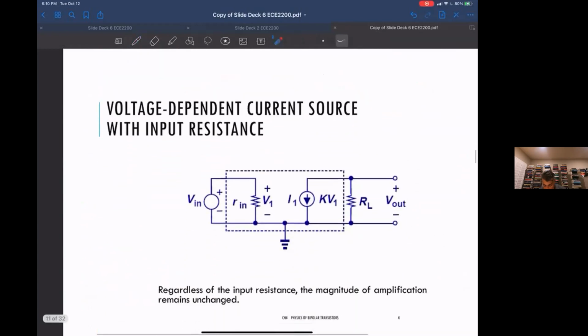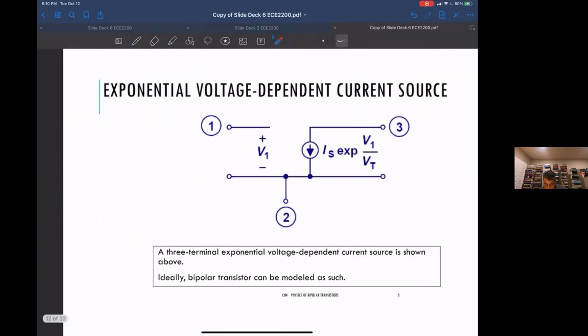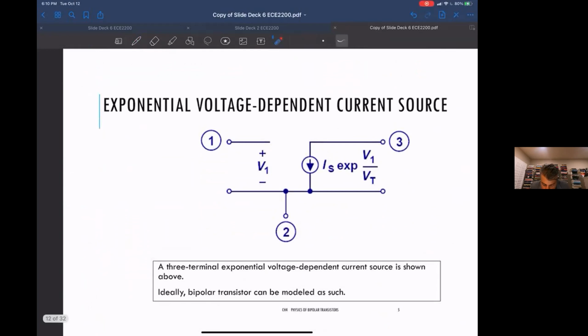Okay. If not, let's talk about what our transistor really looks like. So a bipolar transistor looks like a voltage controlled source. This is a bipolar transistor model, and we'll talk about what this bipolar transistor is and how you build it and how it works, etc. But you can model it to the first level.